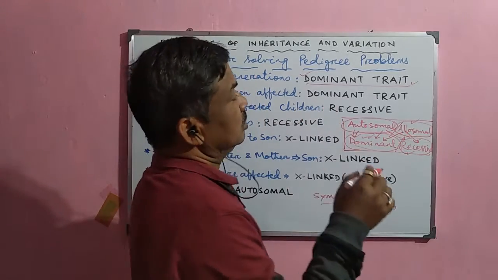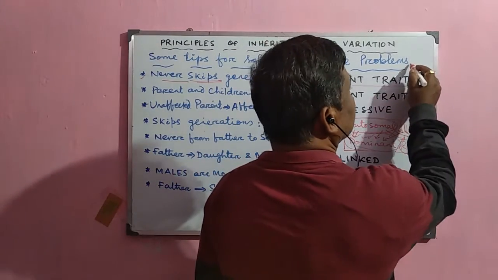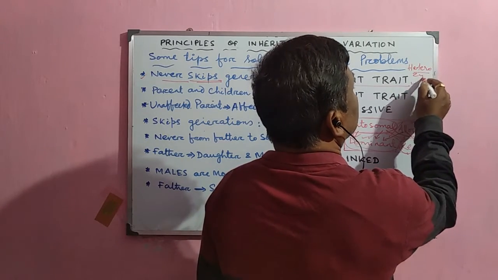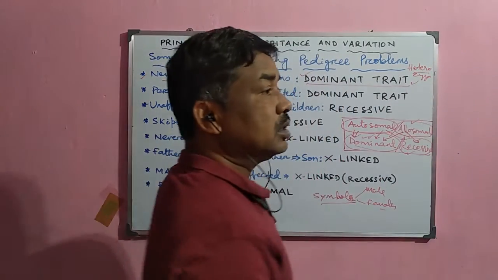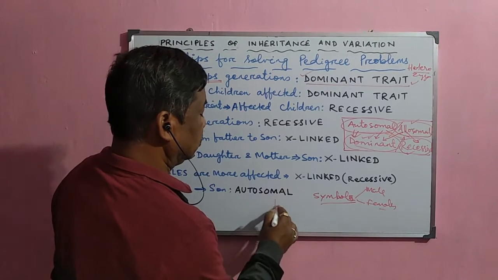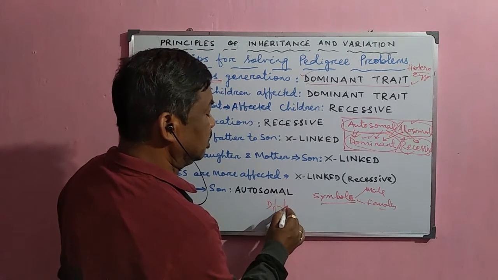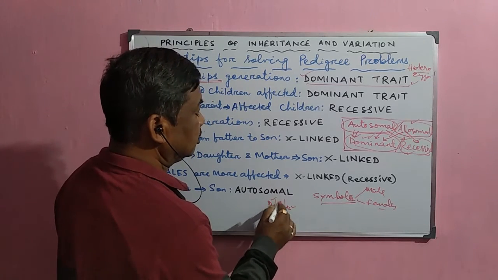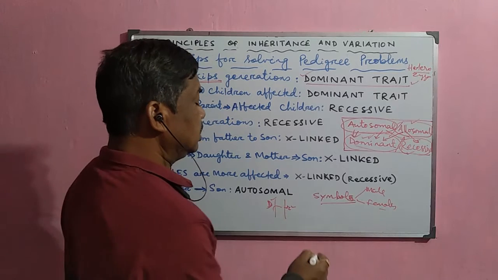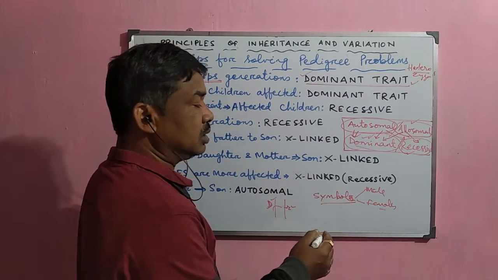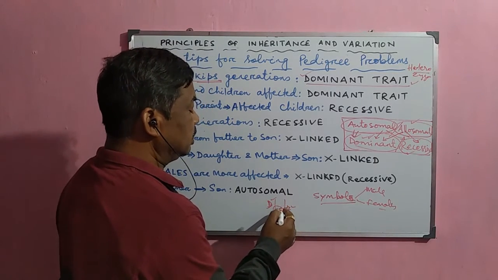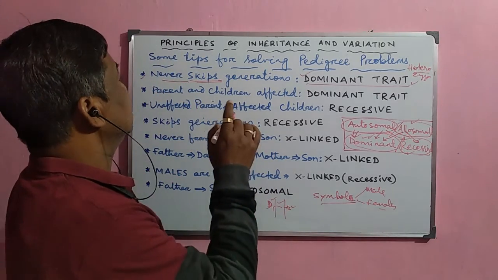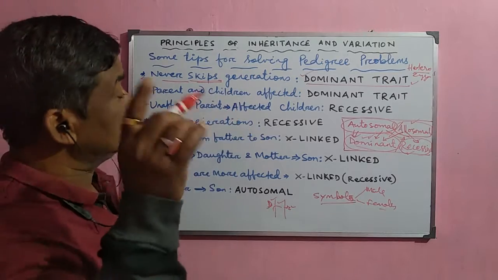Why? Because in the heterozygous condition the dominant gene is expressed, whatever the recessive gene may be. In males it will definitely be expressed, and in females also, if heterozygous, it will be expressed. So the dominant trait is always expressed in every generation.